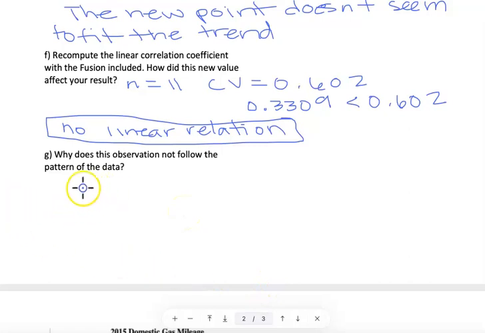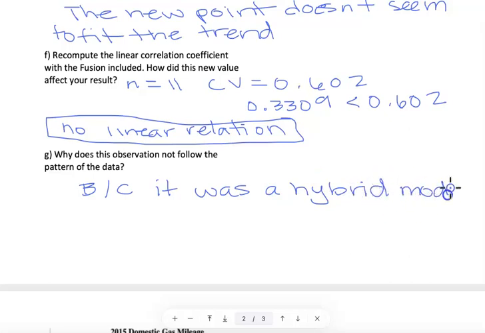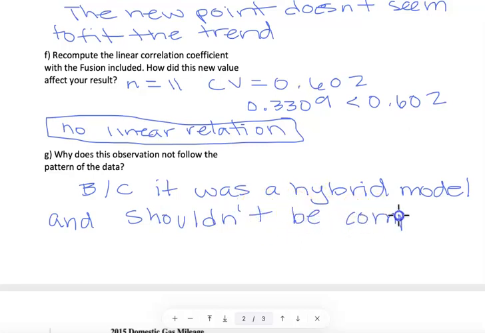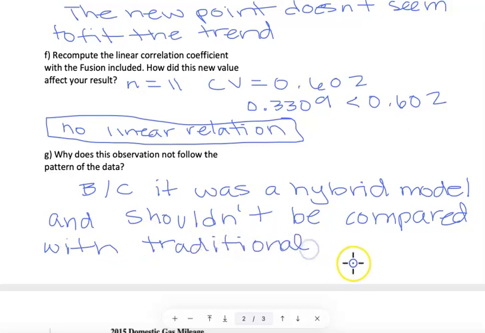But for me, I'm going to say because it was a hybrid model and shouldn't be compared with traditional vehicles. If you want to compare gas mileage, you should compare the same type if you're wanting to see if there's a linear correlation here.